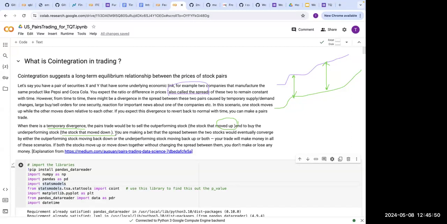So you are making a bet that the spread between the two stocks would eventually converge, either by the stock which overmoved performing lower than it's currently doing, or the underperforming stock performing better. So the spread should remain the same.